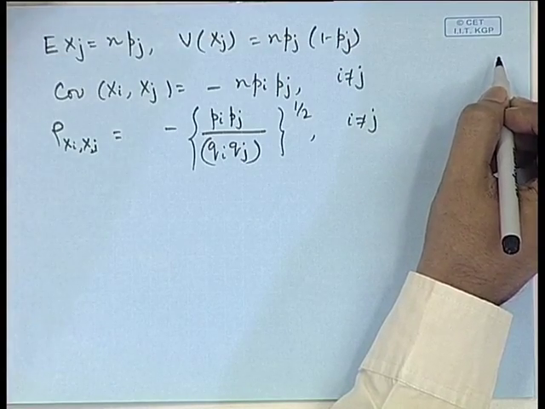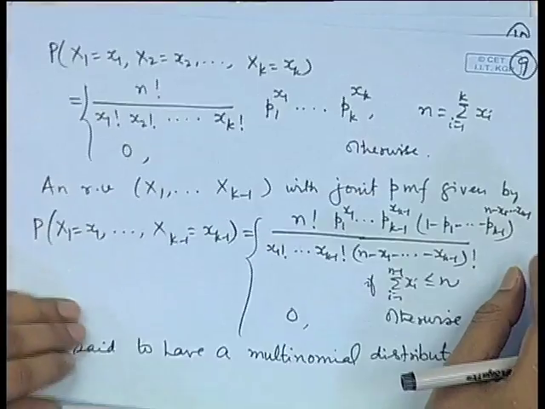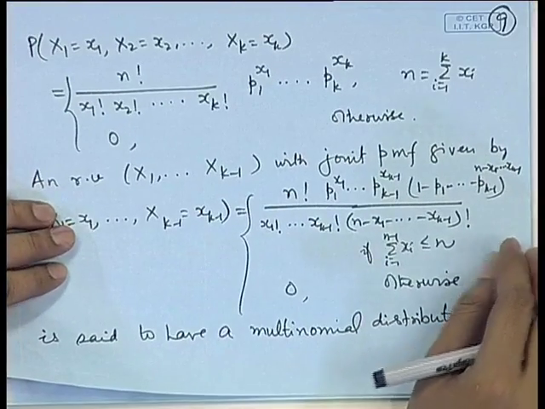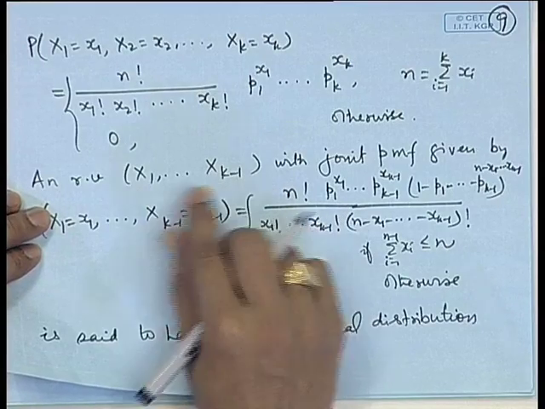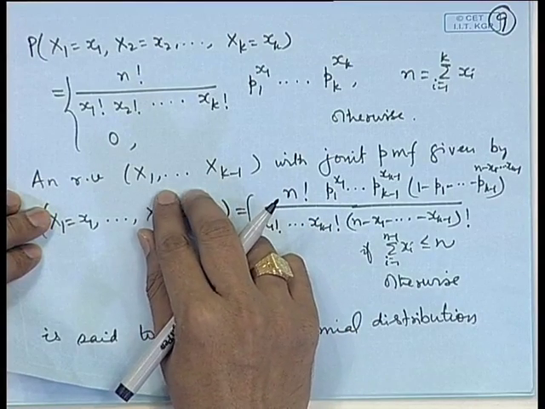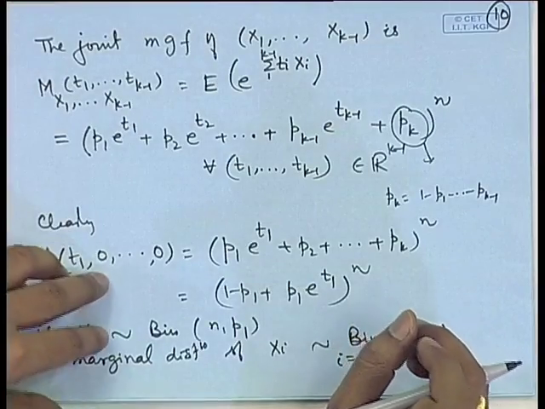In particular, if in the multinomial distribution I consider k equal to 3, I will have two of these variables, that is x 1, x 2, and that distribution is called a trinomial distribution. So, that is a straightforward generalization of the binomial distribution to the case when we are having 3 categories as the outcomes.